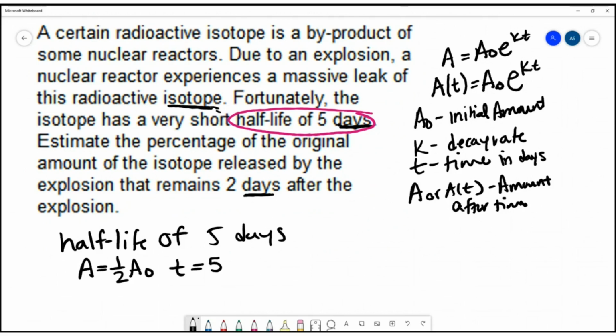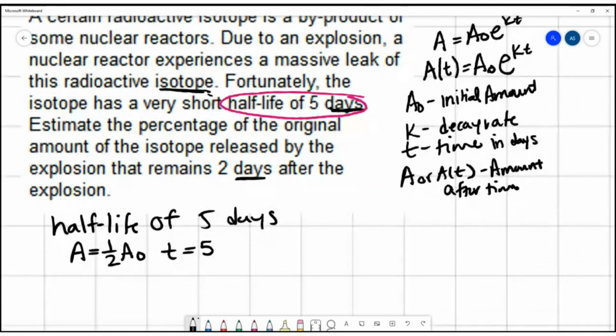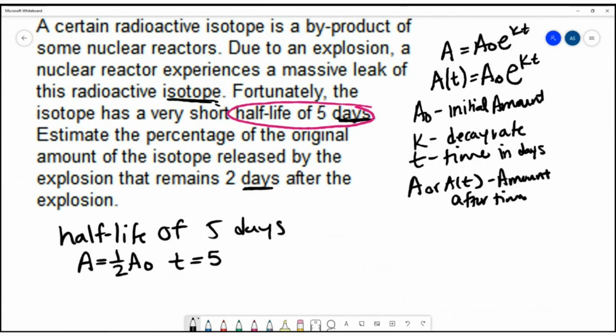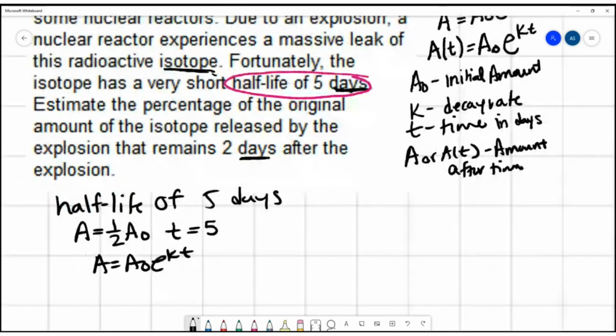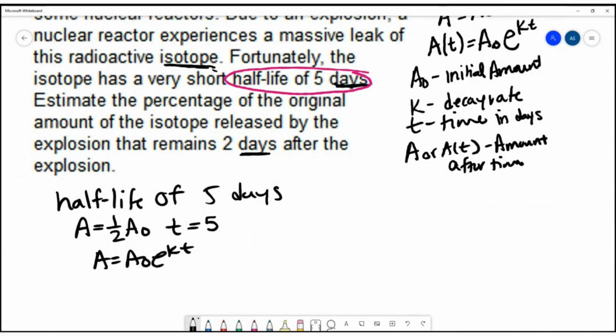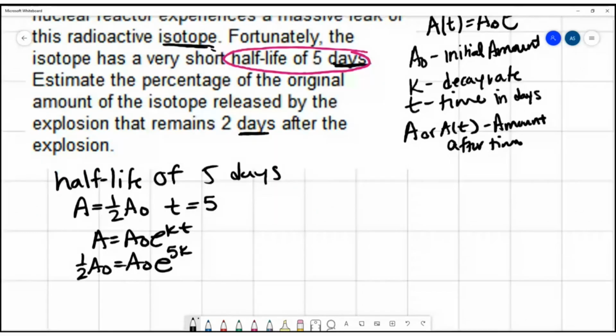I'm going to substitute this information into the exponential decay formula. That's A equals A naught e to the kt. I'll substitute in for A, half of A naught, and I'll substitute in for t, 5. So we have 5k here.